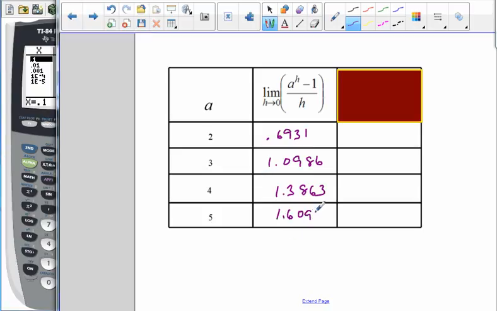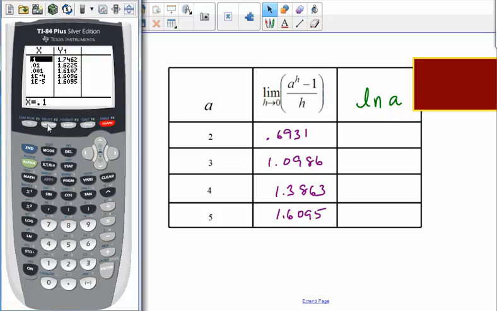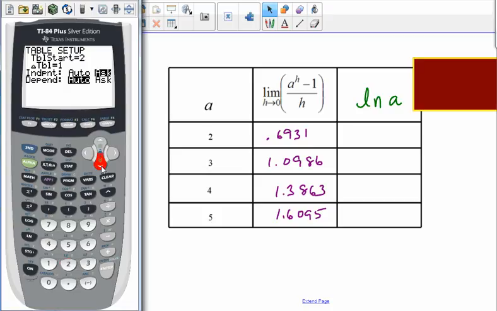1.6095. All right, now those particular numbers probably don't look familiar to you, but we're going to also find the natural log of each of these. And so just to see it all at once, I'm going to type in ln(a), so ln of our number here. And let's go to our table, but we'll start our table at 2, and we'll go up by 1s.